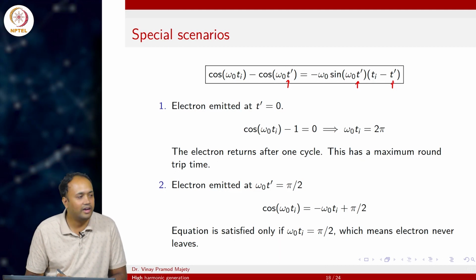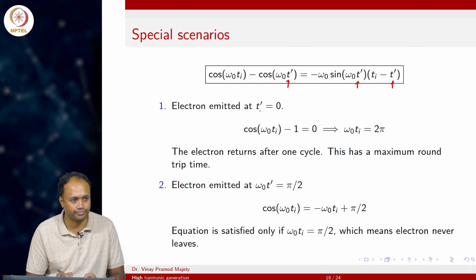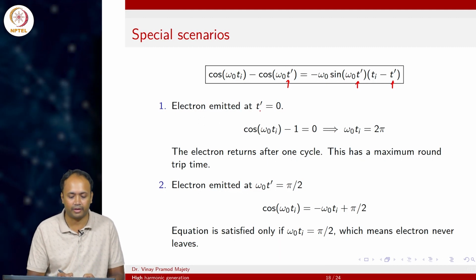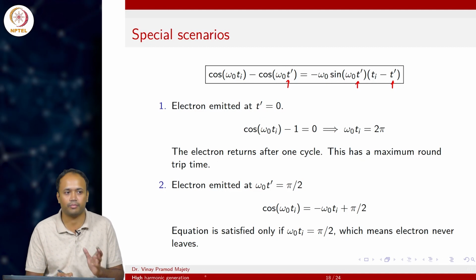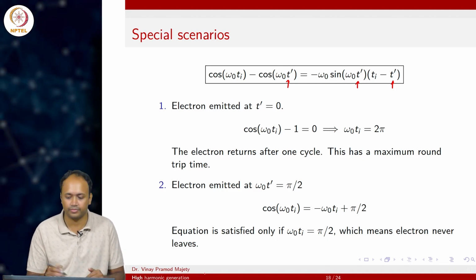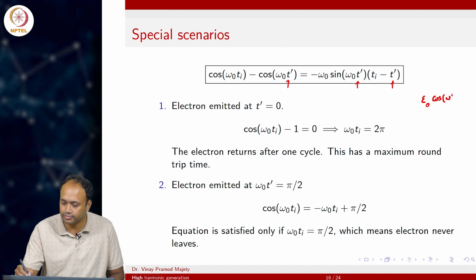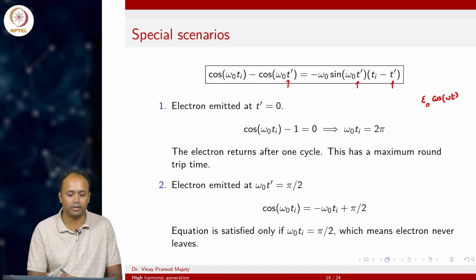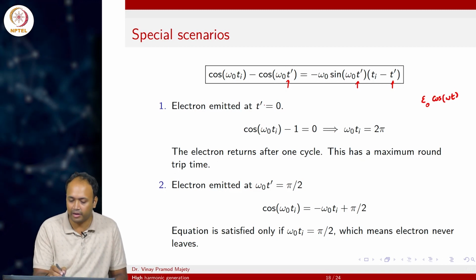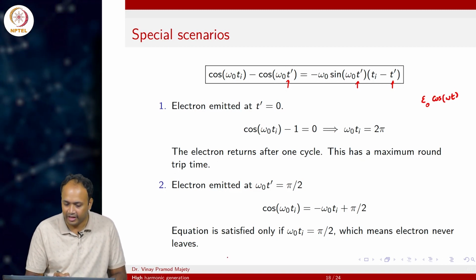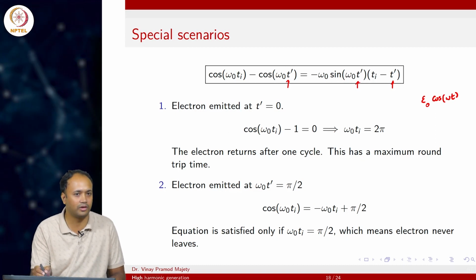Now, let us say the electron gets emitted at some time t prime equal to 0. What is time t prime equal to 0? It would correspond to one of the maxima, right. I have my electric field as E naught cos omega t, so it would correspond to the maxima. If the electron gets ionized there, I can plug this in because sin omega t prime at t prime equal to 0 gives you 0.